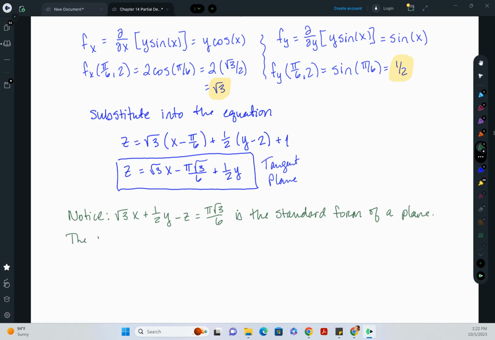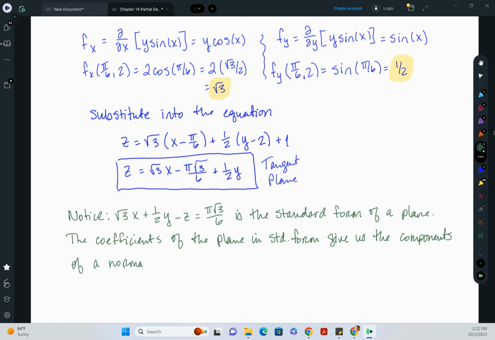The coefficients of the plane in standard form give us the components of a normal vector to the plane.